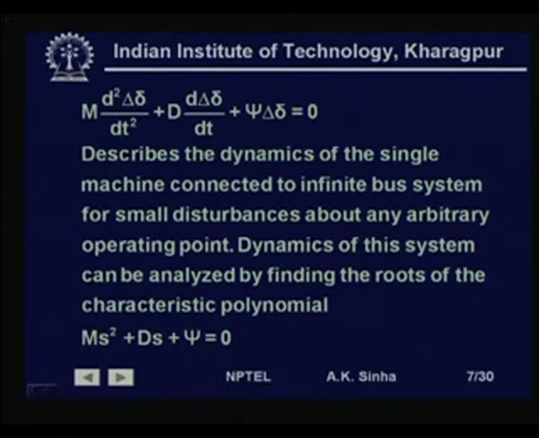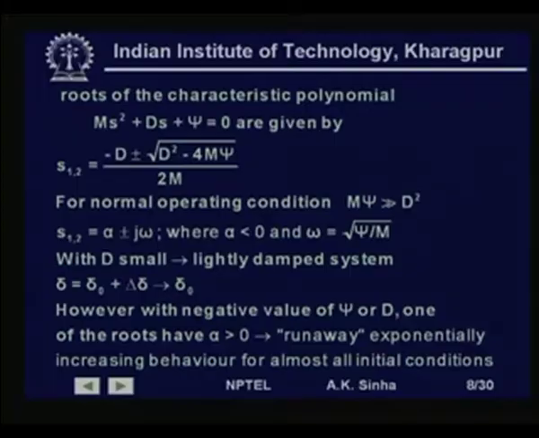So, writing the characteristic polynomial, we will get m s square plus d s plus psi is equal to 0, and we can find the roots of this polynomial, which will tell us about the dynamics of the system. This is how we analyze the dynamics of a linear system. So, looking at this, the roots of the characteristic polynomial m s square plus d s plus psi is equal to 0 are given by, this is a second order equation.